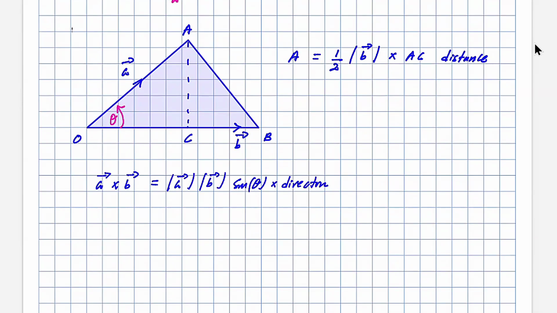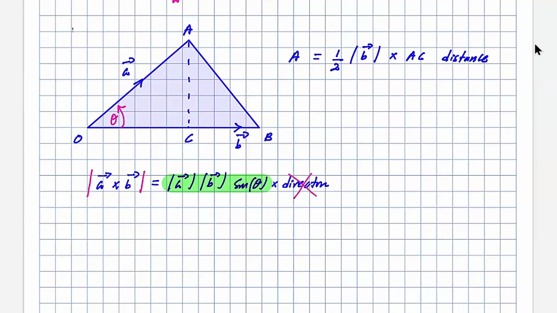That direction is the perpendicular direction, because this whole thing is a scalar. The direction is the perpendicular direction, right? Okay. So now you know that if you get the mod here, then this direction guy is gone.